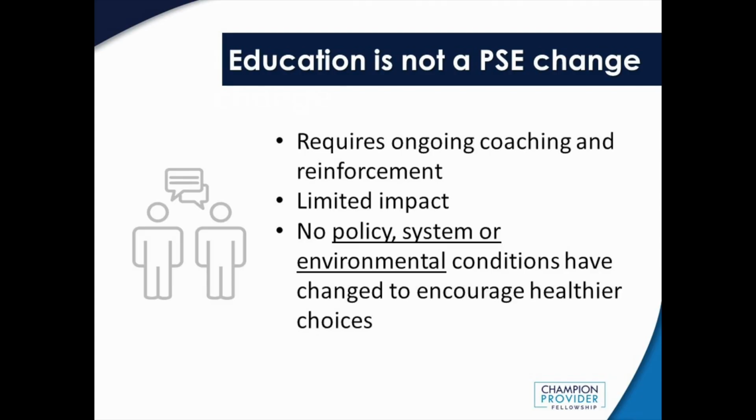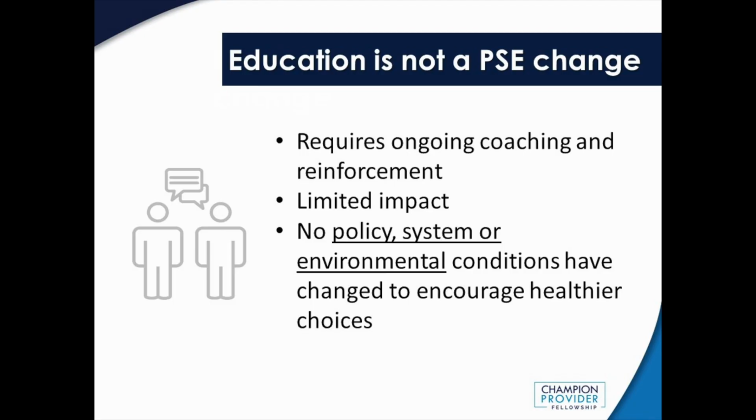Education might initially decrease demand for unhealthy snacks, but to succeed as a solution, it would require ongoing coaching because its impact would be limited to the coworkers who had received the education. Although it is a crucial element in implementing behavioral change, education alone is not considered a policy, system, or environmental change.